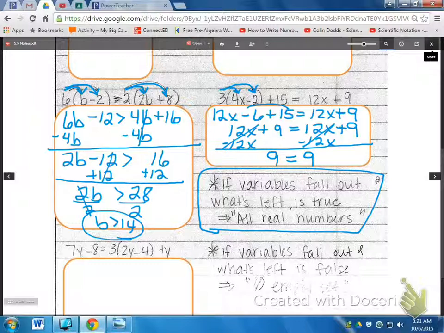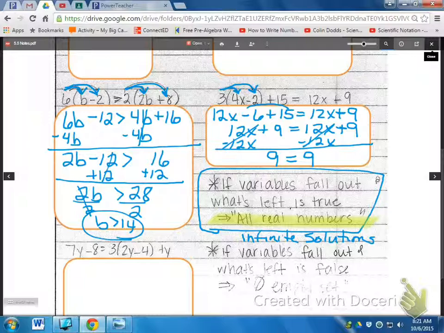Then your answer is this right here. You literally write all real numbers. What it means is there are infinite solutions. In other words, any number that you can think of, you could plug into that equation for x, and it's going to work.